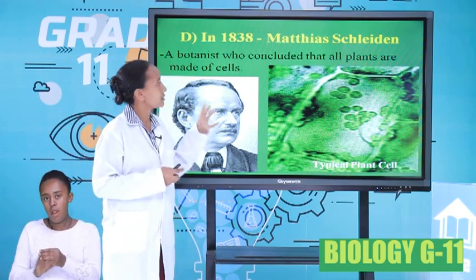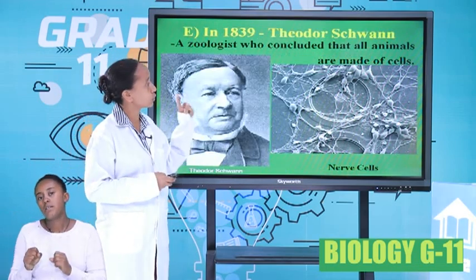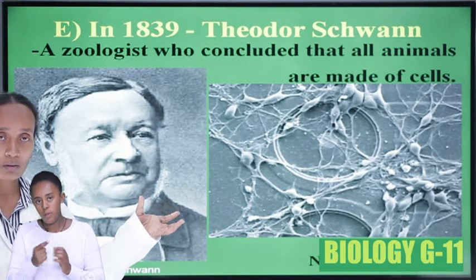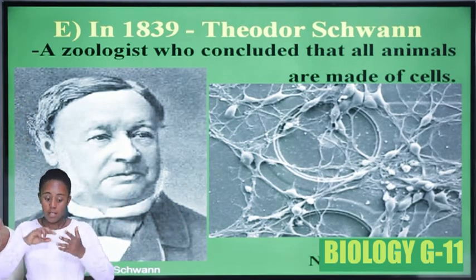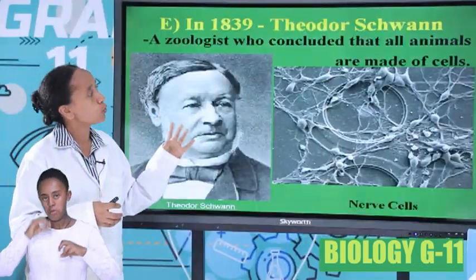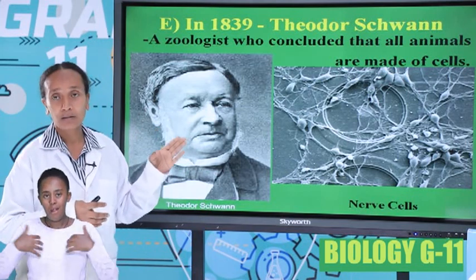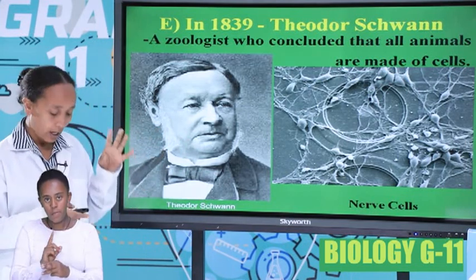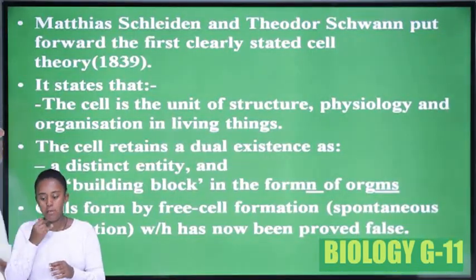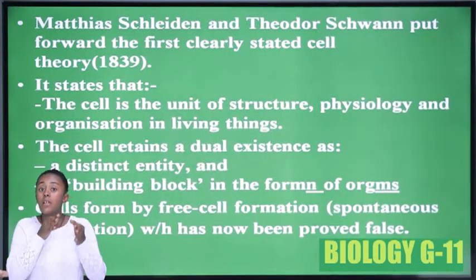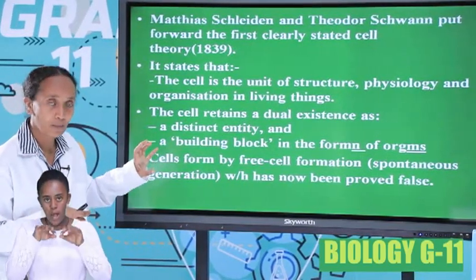At the same time, the other scientist, Theodor Schwann, who was a zoologist, and you know that zoologists are scientists who study animals, put forward the same conclusion, which says all animals are made up of cells. After having these two conclusions, they stated the first clearly stated cell theory with three important statements.